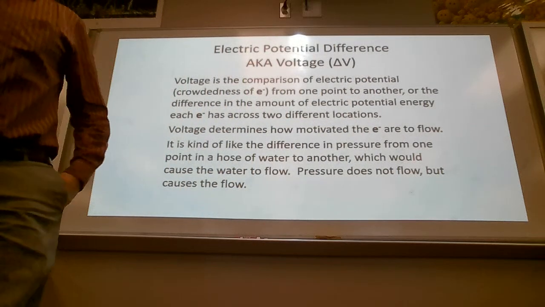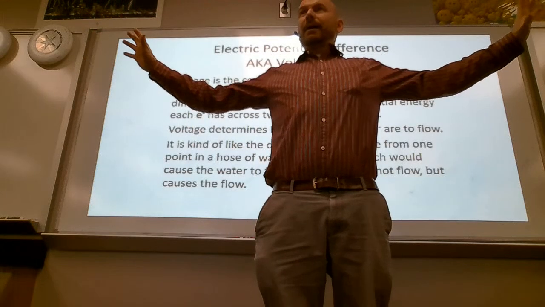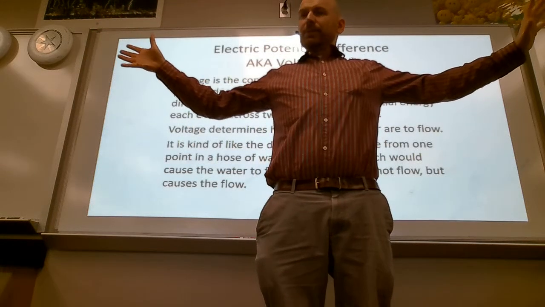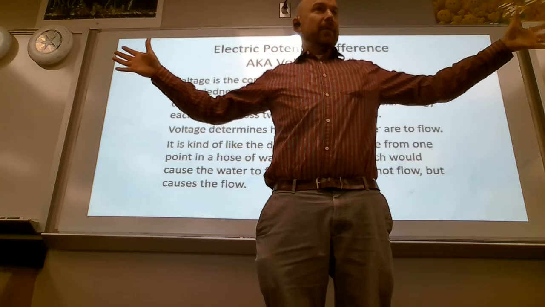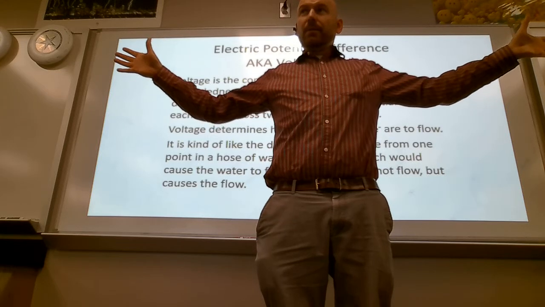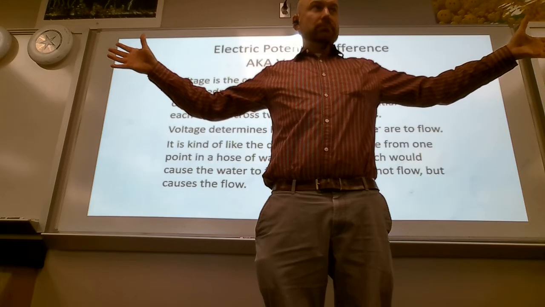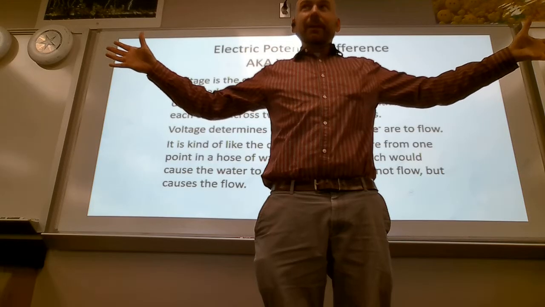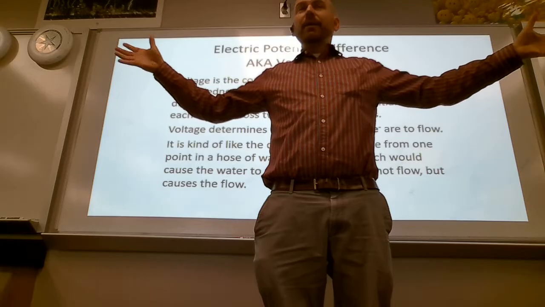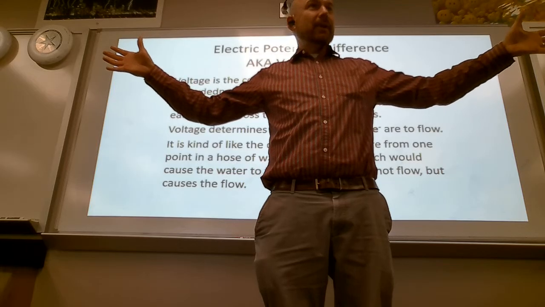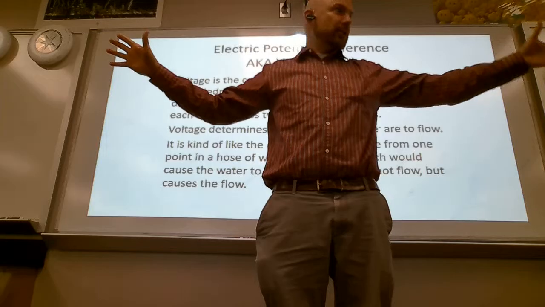If in a pipe of water there was 100 psi over here and 100 psi over here, where would the water flow? It's under pressure, but if I had 100 over here and 60 over here, which way would the water flow? From a high pressure to a lower pressure.